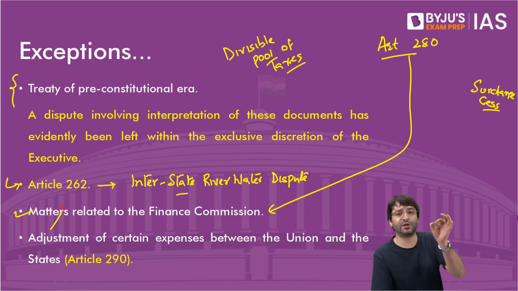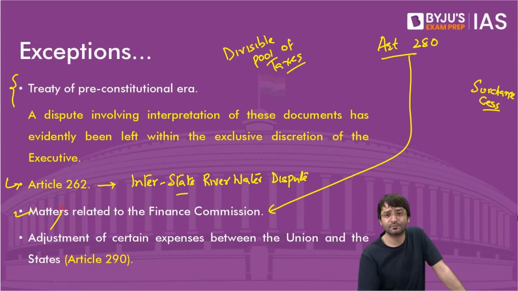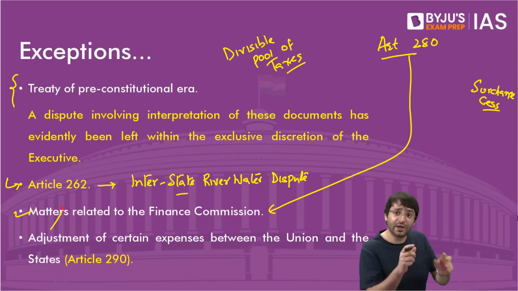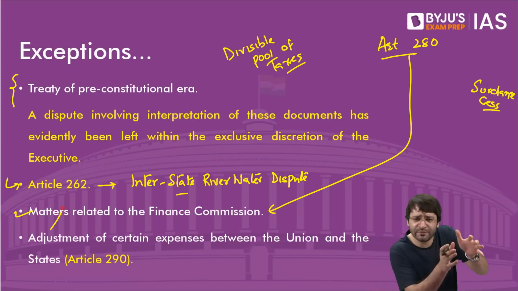The Finance Commission said 41% of this tax will be distributed with the states. How will the Finance Commission determine this? Various factors. One such factor is population. What sort of population? If your population is more, that means more money will be given to you.